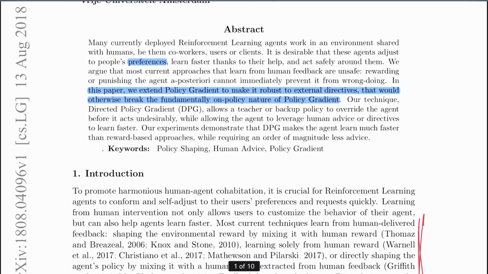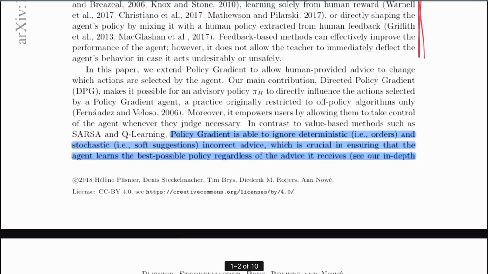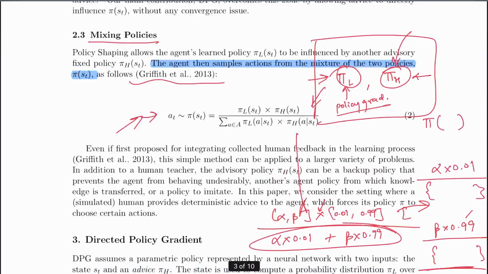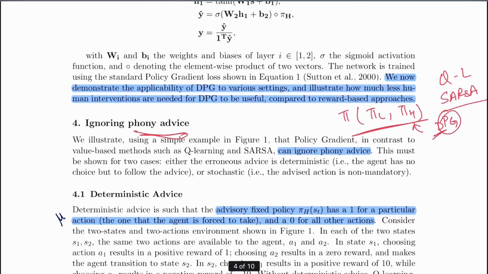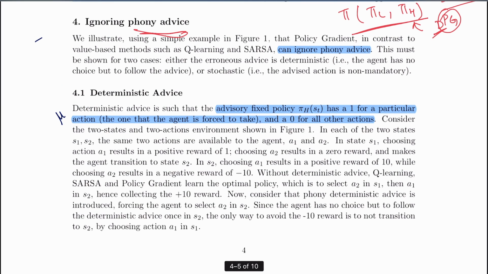The other criticism I have is with respect to this deal about policy gradients converging to the optimal policy, regardless of the kind of advice given. So section 4 makes it a big deal about what happens if a phony advice is given. Now I think as a community there should be a discussion with respect to the interpretation of advice.